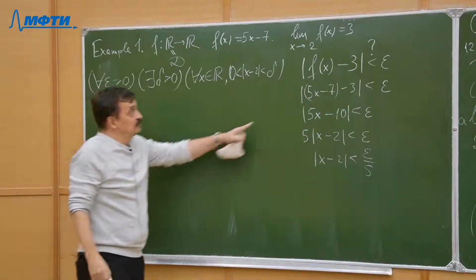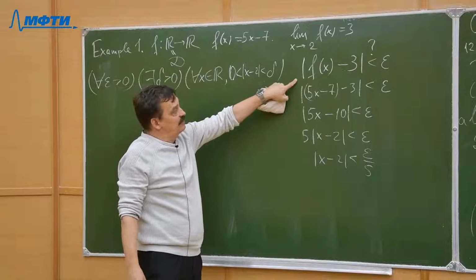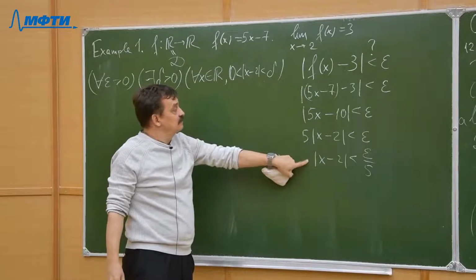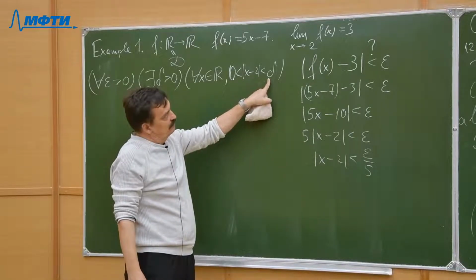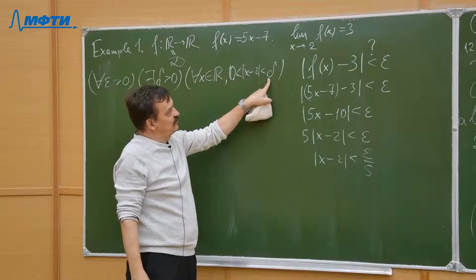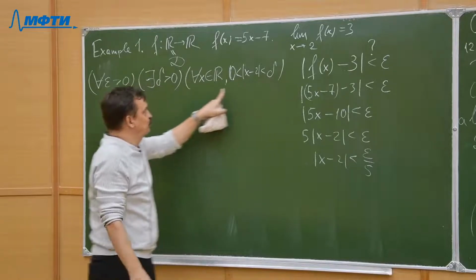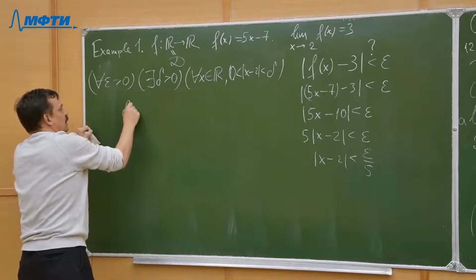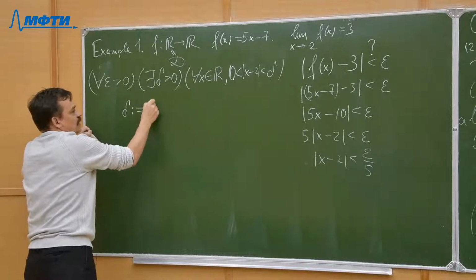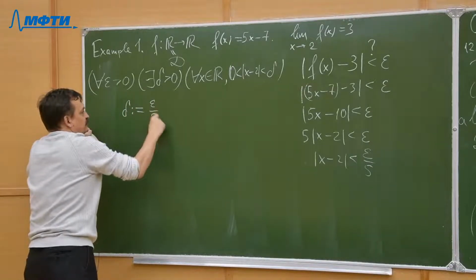Now look, this inequality is equivalent to the very last, so it will be satisfied automatically if we put delta equals to epsilon over 5.